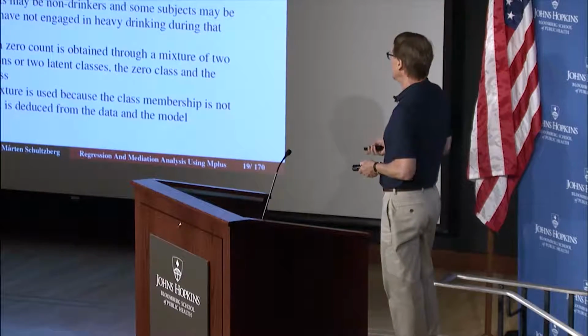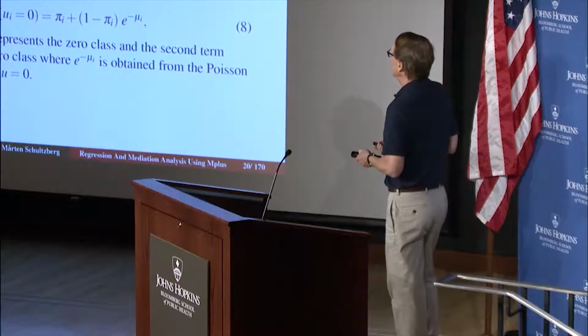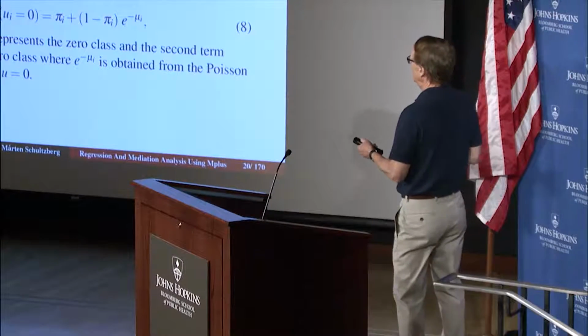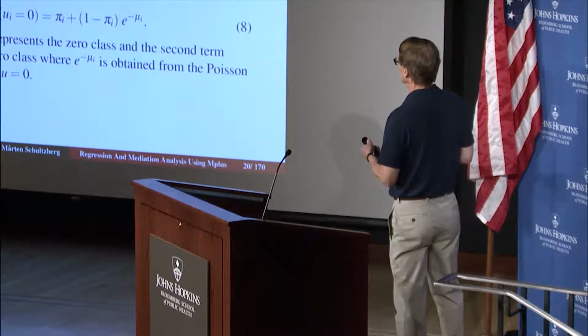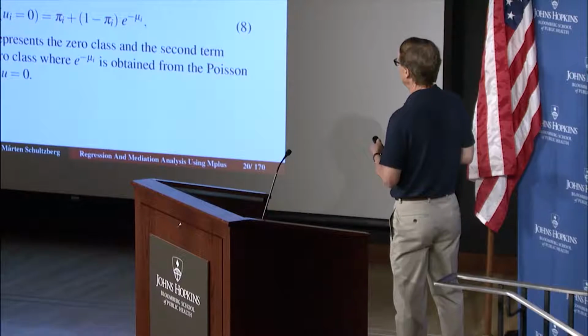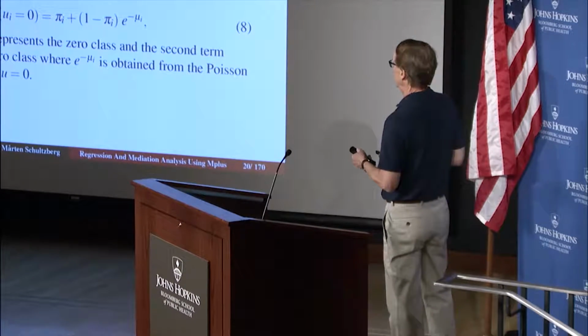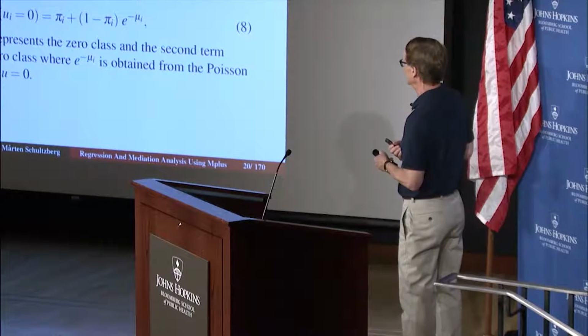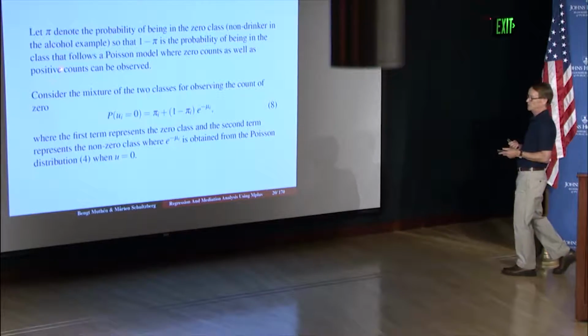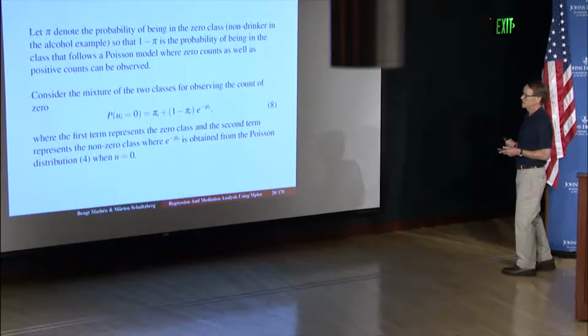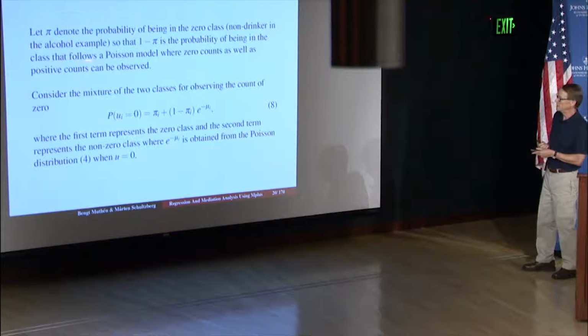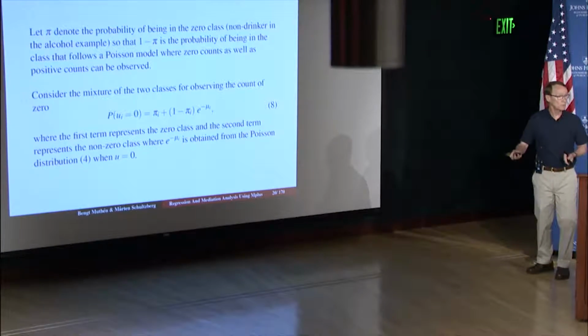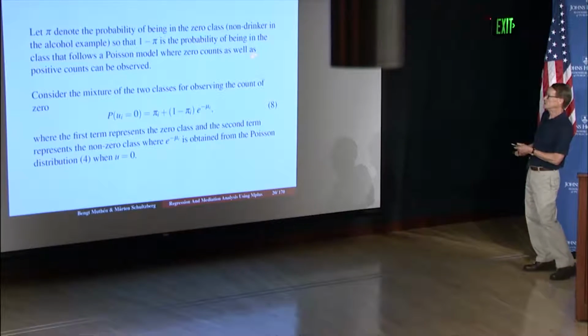All right. Now, if you accept that, then let's think of pi here as the probability of being in the zero class, being a non-drinker, and then 1 minus pi, the complement, is the probability of being in the class that follows a Poisson model where zero counts as well as positive counts can be observed, right? So 1 minus pi is the probability of being in a class that follows the regular Poisson model where zero is allowed.